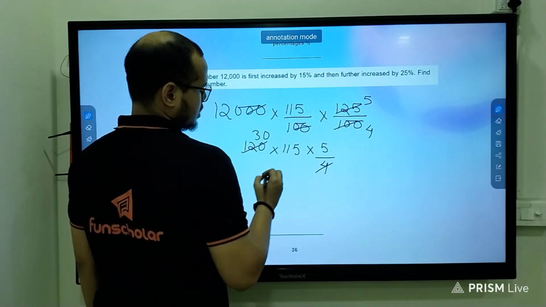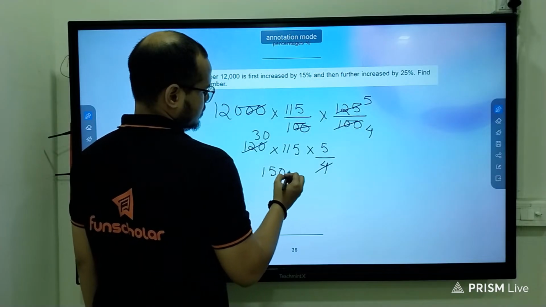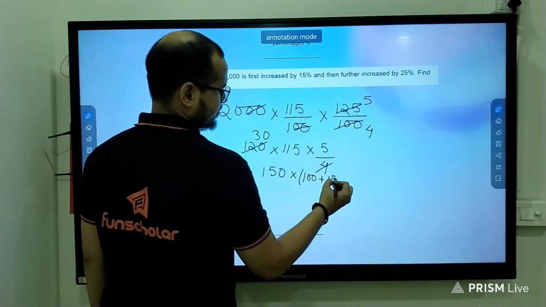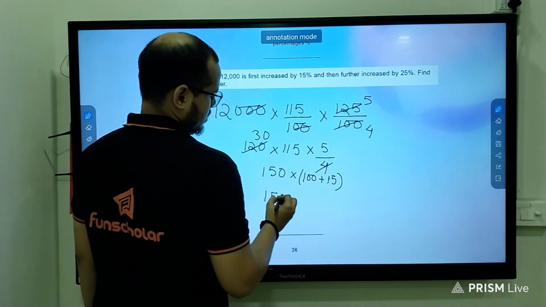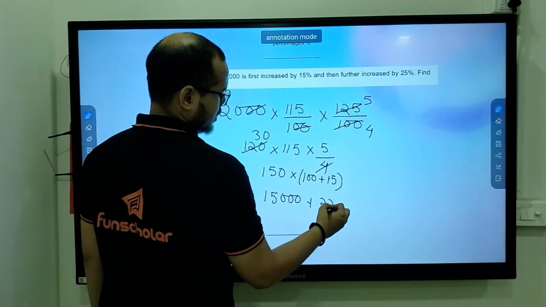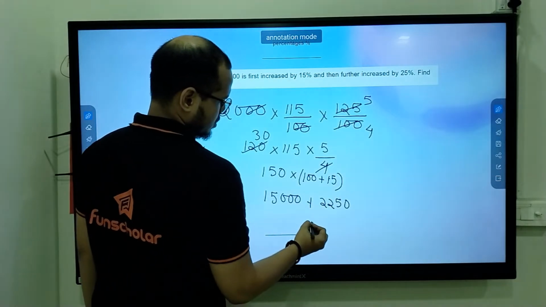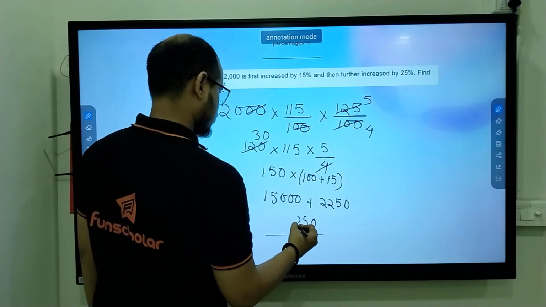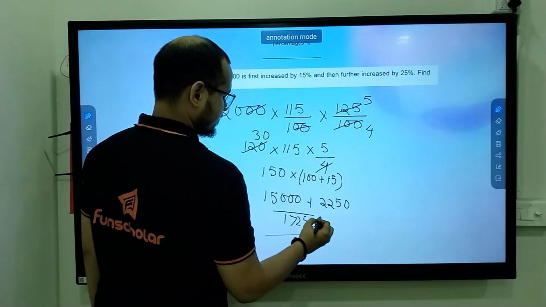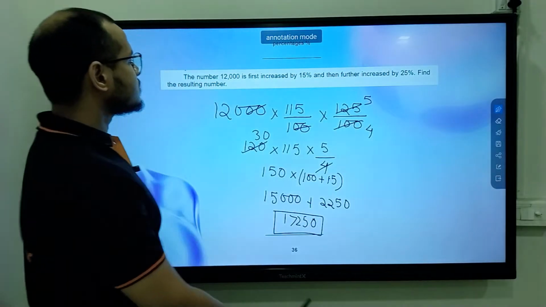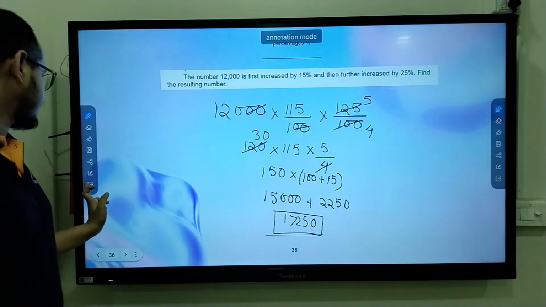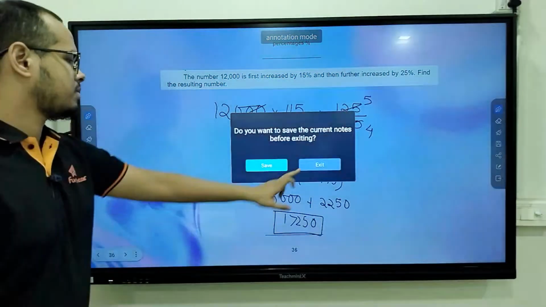Okay, so 30 into 5, 150. 150 into 115, so 150 into 100 plus 15, that gives 17,250. So this is the number that is going to be found out, 17,250.